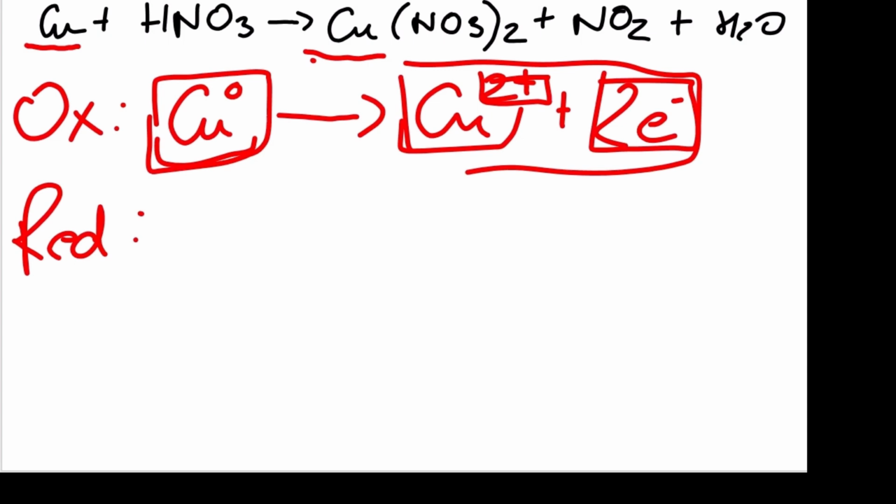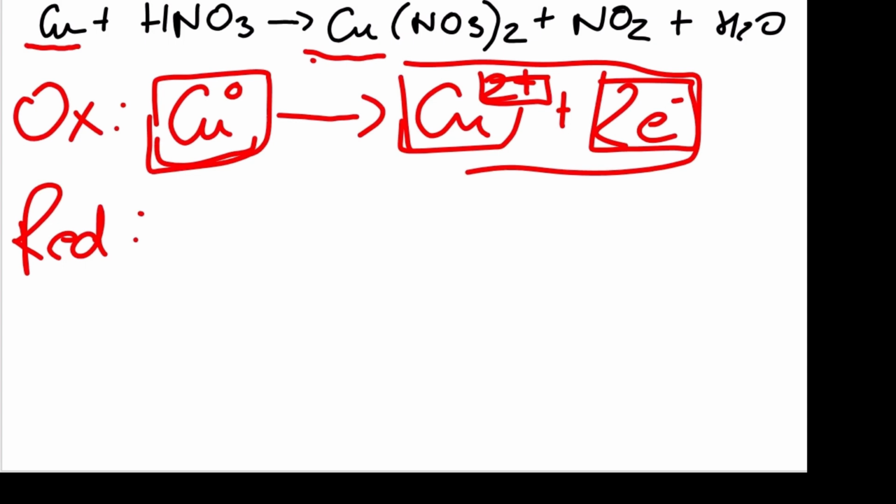And here we can't take hydrogen atom. I'm sorry, nitrogen atom. We need to take the particle in which this nitrogen atom exists. This reaction undergoes in aqueous electrolyte, in aqueous solution.